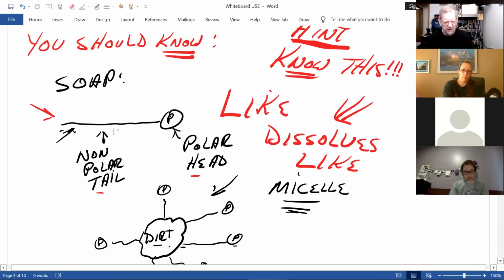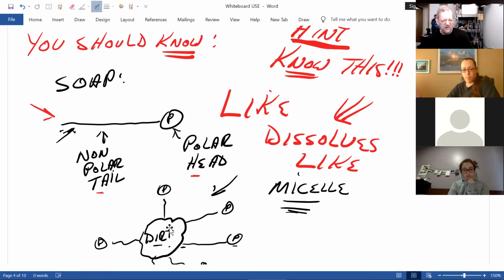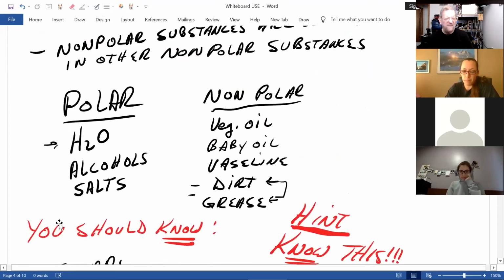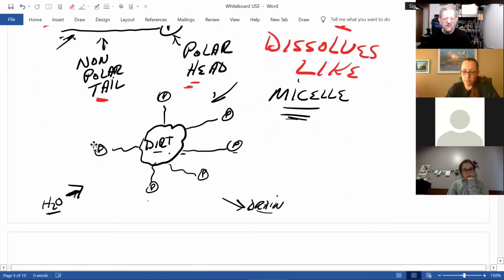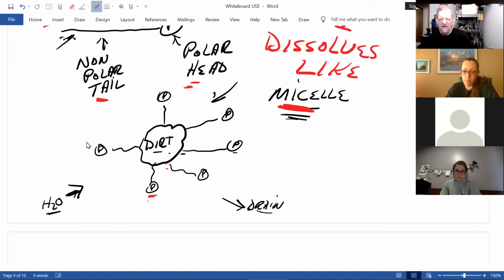Now, the soap has a polar head and a non-polar tail. And dirt is, oh, it says it right here, non-polar, and water is polar. So how do you get the two to mix together? With the soap, the non-polar tail is attracted to non-polar dirt. And the polar heads are on the outside, and you should know this forms the micelle.